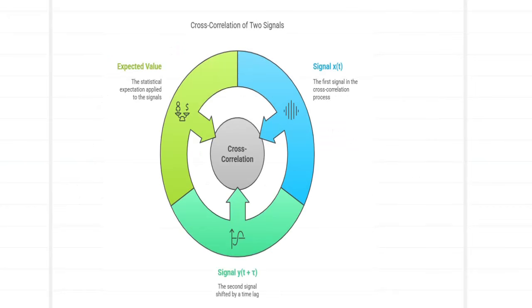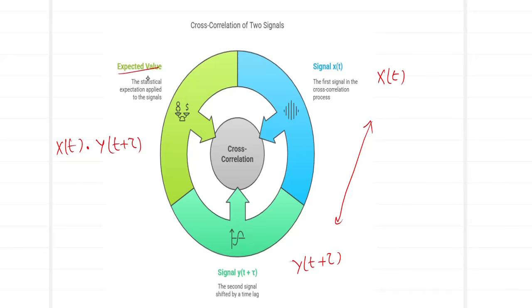So for a cross correlation, first we take the signal x of t. Next, we have the signal y of t plus tau. The next thing, you compute the product between these two quantities, which is given as x of t product y of t plus tau. And in the third step, you take the expected value of the quantity.